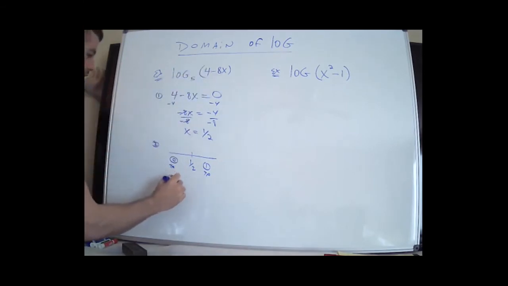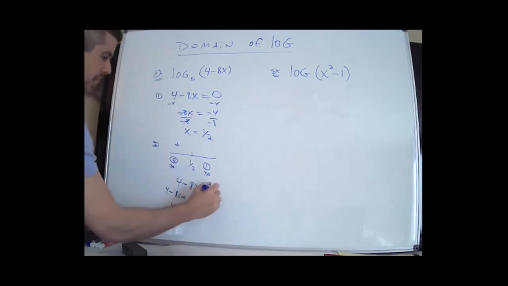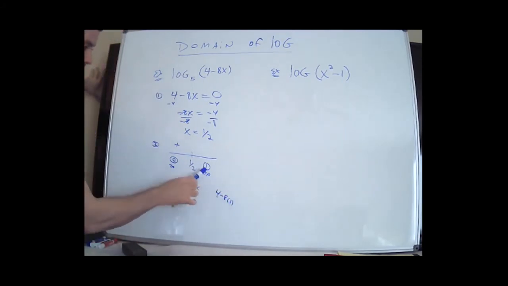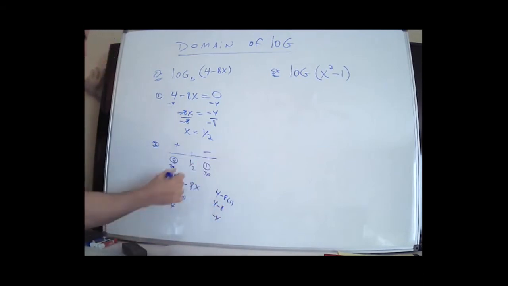I have 4 minus 8x. When you put 0 in for x, 8 times 0 is 0, so you get a 4. That's positive. Yay! I already know I'm done now. Now, if I do 4 minus 8 times 1, the test point, you get 4 minus 8, which is -4. These are the freaks. These are all gone.